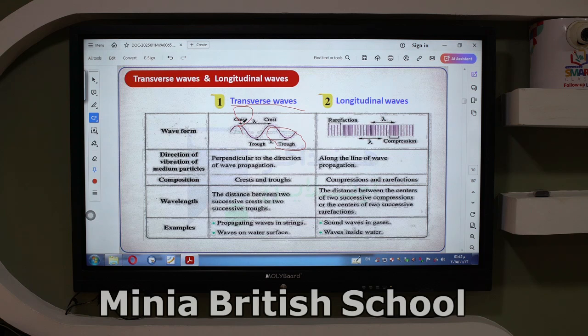The distance between any two crests or any two troughs is called the wavelength, which takes the symbol lambda.